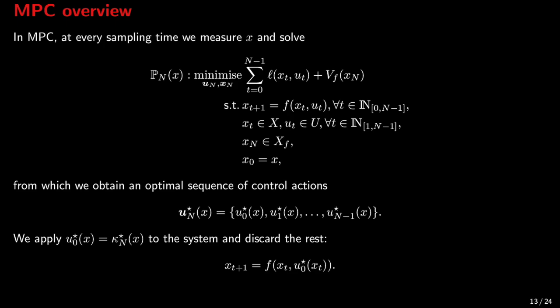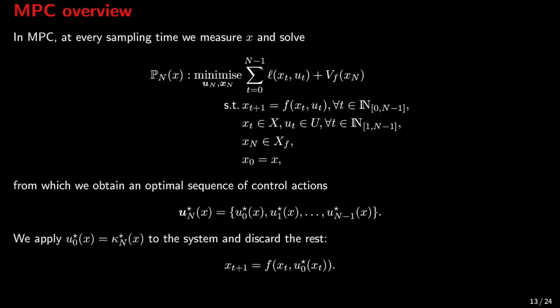Note that the sequence of control actions is denoted by u boldface, whereas individual control actions are denoted simply by u0 star, u1 star, and so on and so forth. Now, from that sequence of control actions, we select the first one, u0 star, and we apply it to the system.